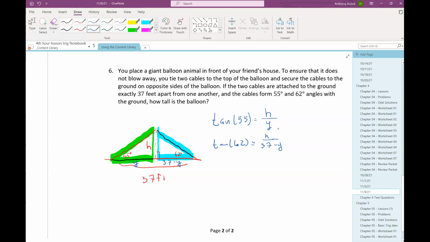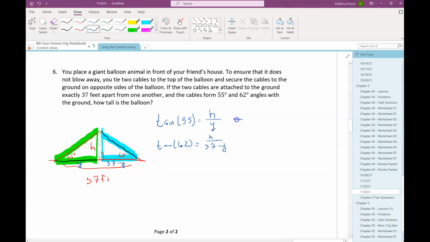I'm going to multiply the first equation on both sides by y. Because to solve this, I have two variables in each of these, so I'm going to have to solve a system. In the second equation, I'll multiply both sides by 37 minus y. And that just gets rid of the fractions, which typically makes life a little bit easier.